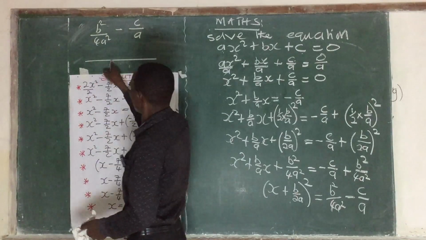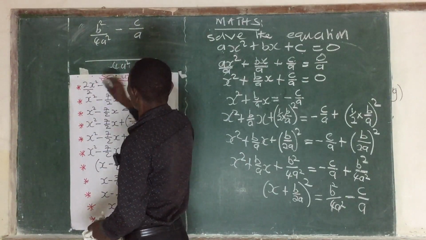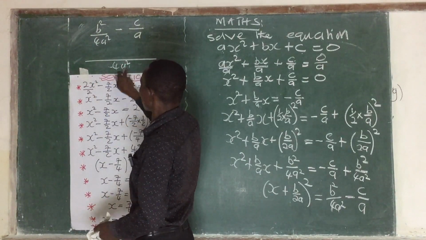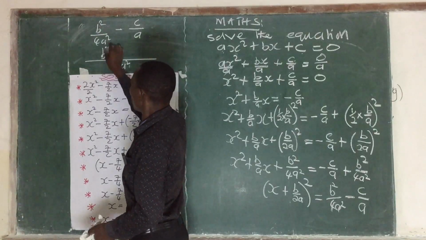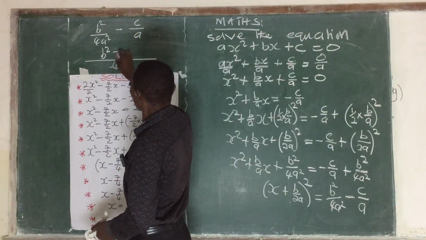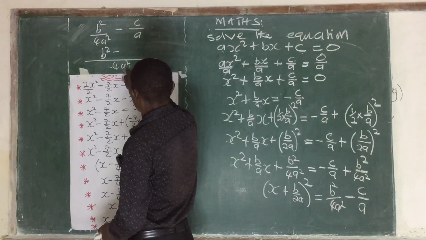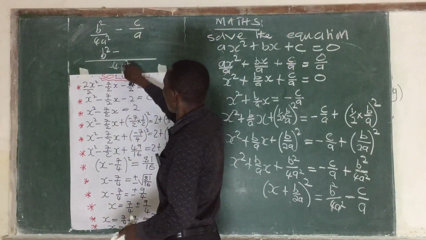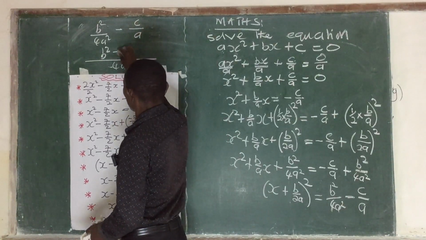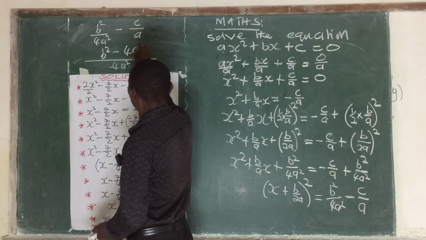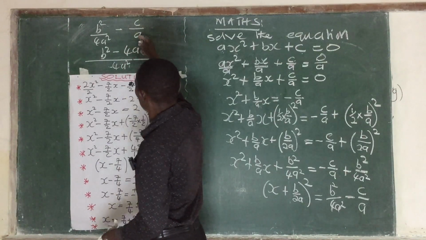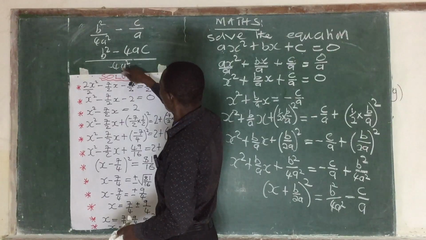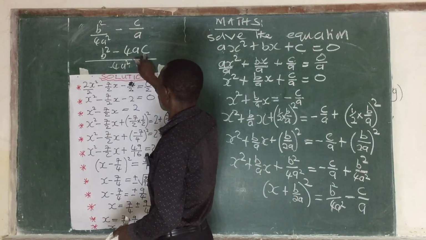So we get here the denominator, it will be 4a squared. And this gets here, once multiplied by b squared, you get b squared. And this minus, then we have got a here, we get what? That is 4a times c, we get negative. With this one now, it will be negative 4ac. Because when this gets here, you get 4a, and that 4a should multiply by c, you get negative 4ac.